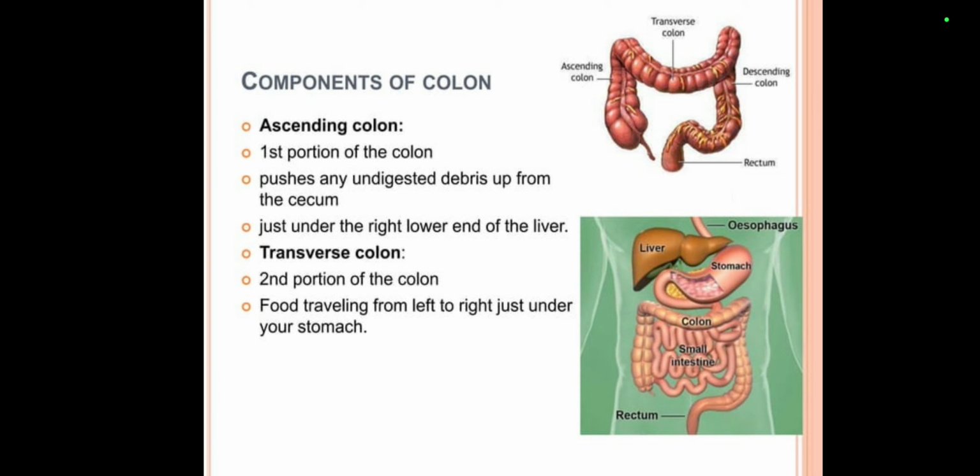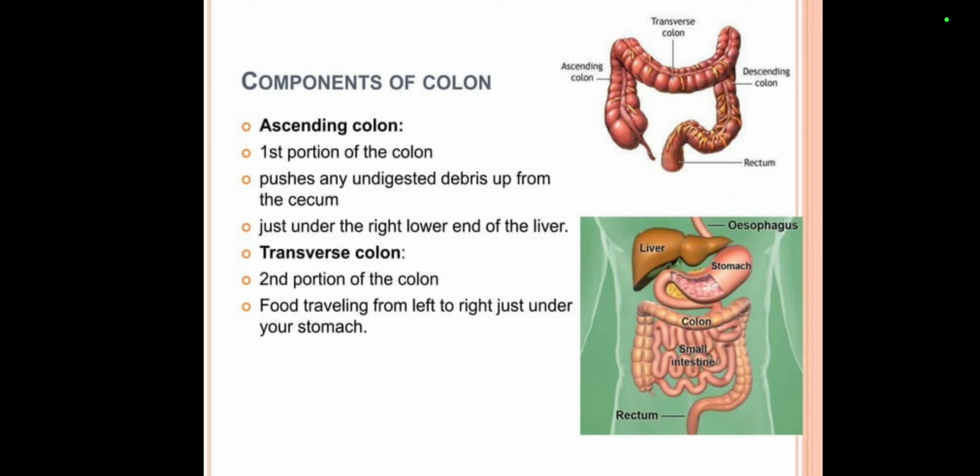The ascending colon is the first portion, and it pushes any undigested debris up from the cecum. Undigested debris or undigested food can occur with your stool if the material in the food is indigestible, or if the food has not been well digested.